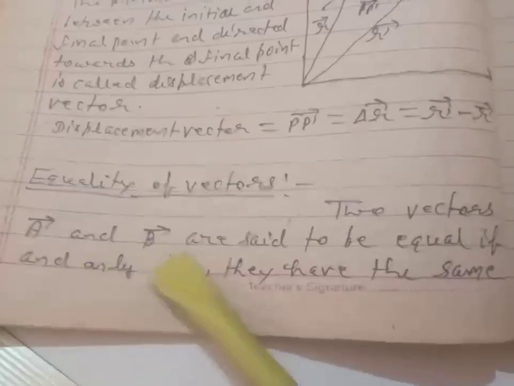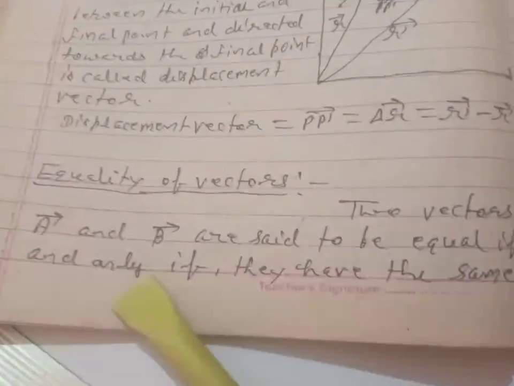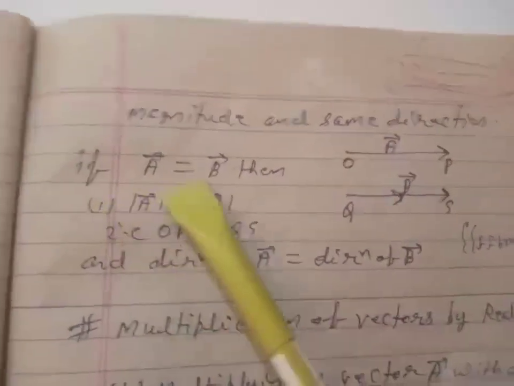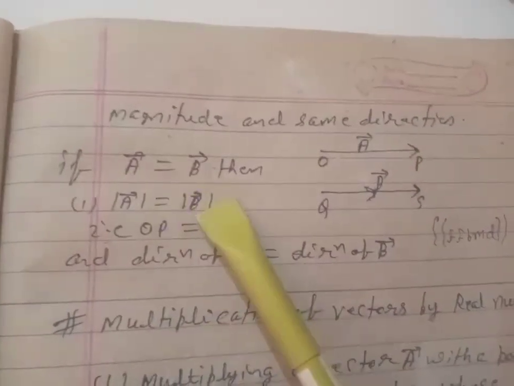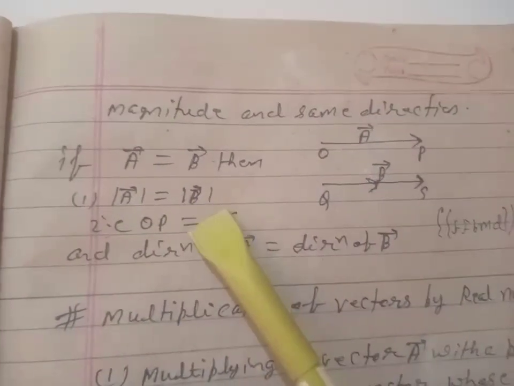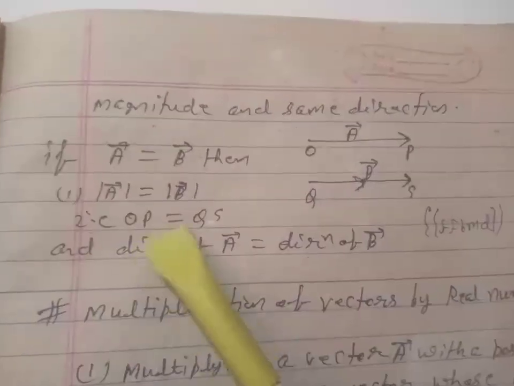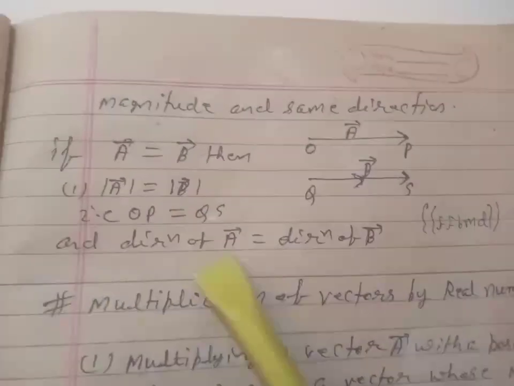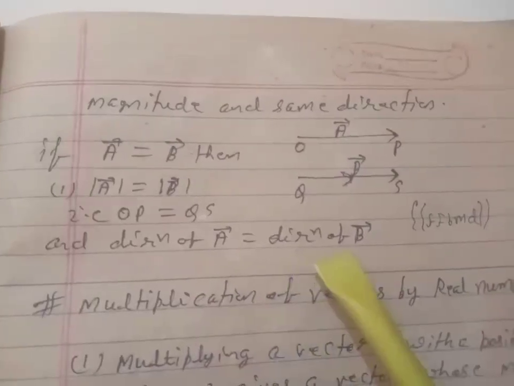Now, equality of vectors. Two vectors A and B are said to be equal if and only if they have the same magnitude and direction. If the A vector equals the B vector, then the mod of A vector equals the mod of B vector, that is OP equals QS as shown in this figure, and the direction of the A vector must be equal to the direction of the B vector.